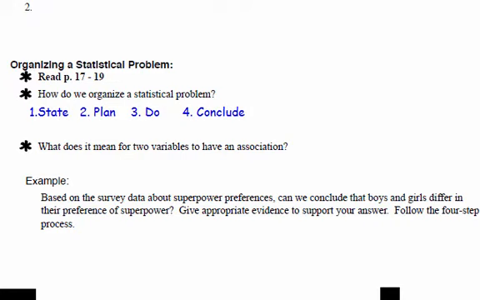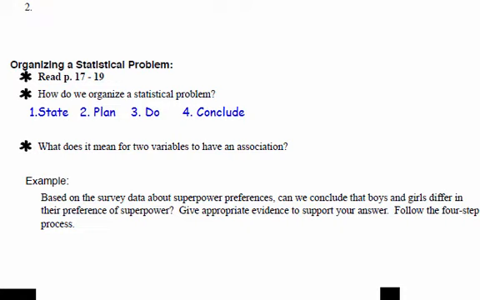So what does it mean for two variables to have an association? You can probably guess what that is. It means that there's an association between, say, the gender and what superpower they like best. For instance, in the invisibility superpower, both the males and the females, 15% of them wanted this superpower.